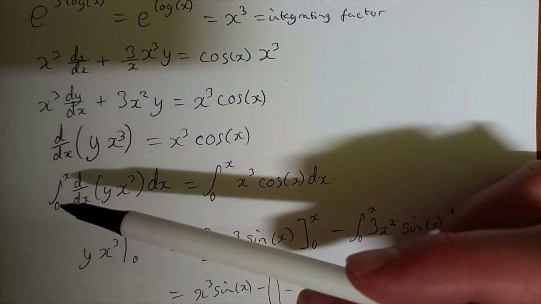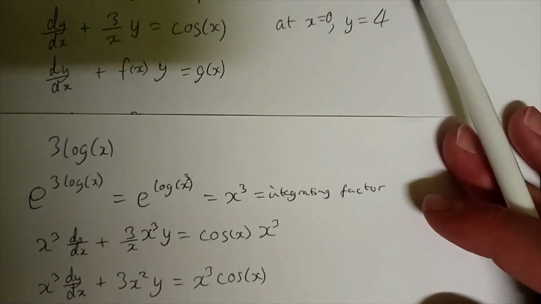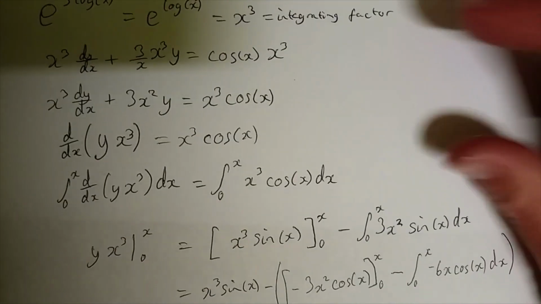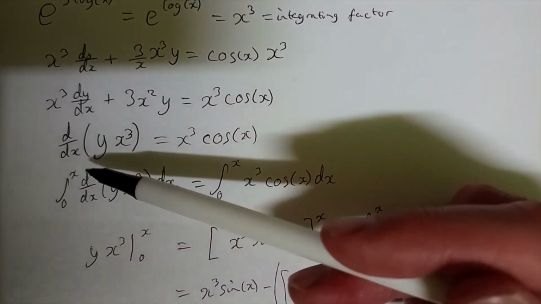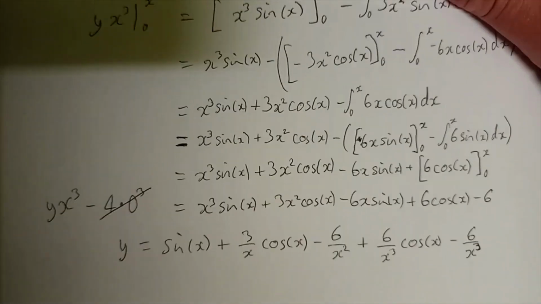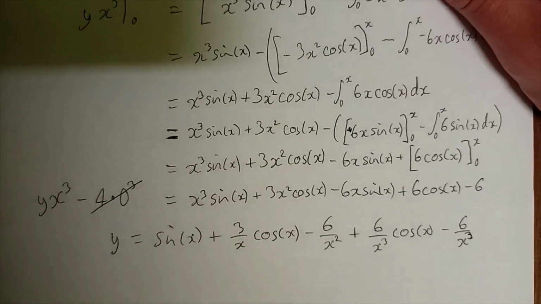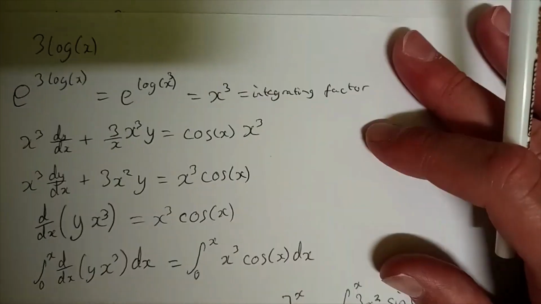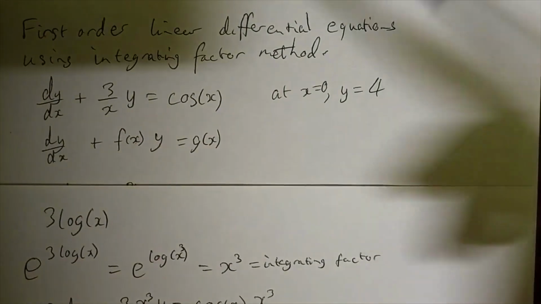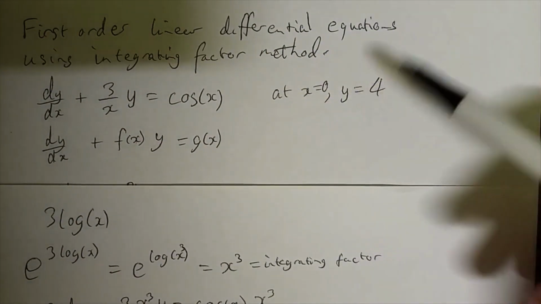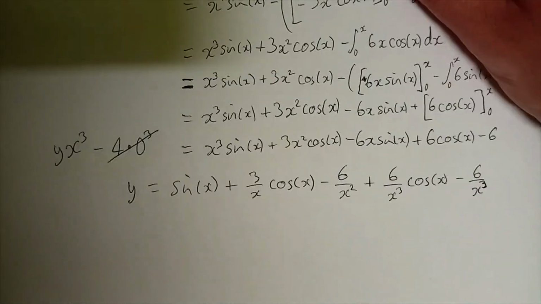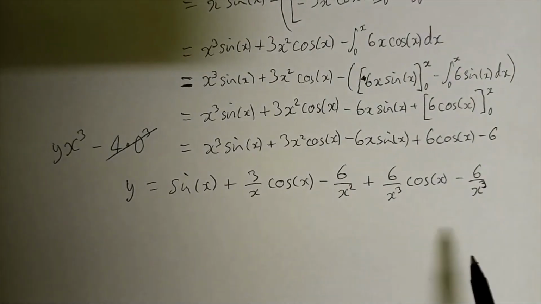So at x equals 0, we knew that y equals 4, and at x equals x, y equals y. So that gave us our solution there, without some unknown constant that we needed to substitute the initial condition into. So we've got our solution to the initial value problem.